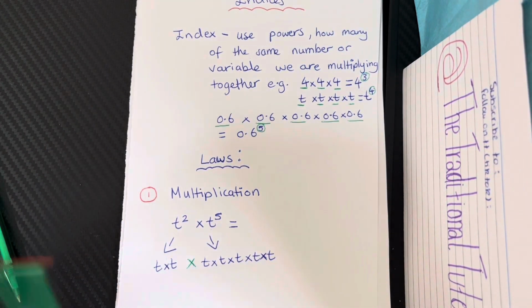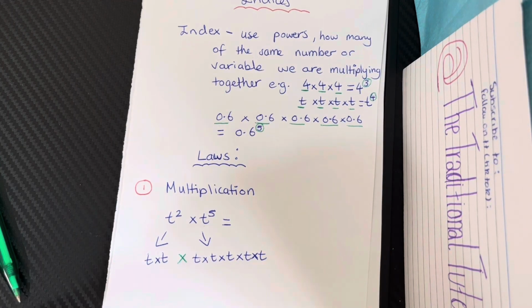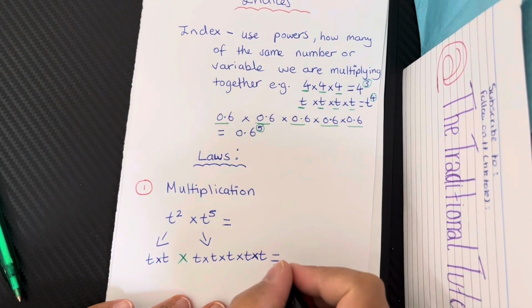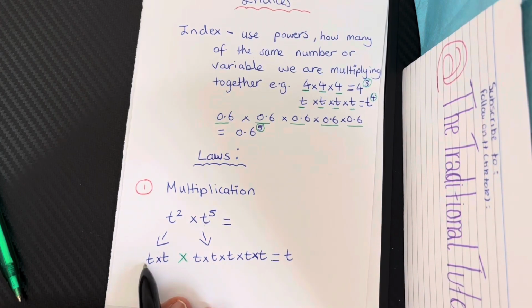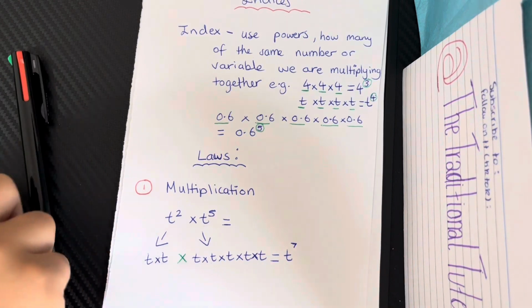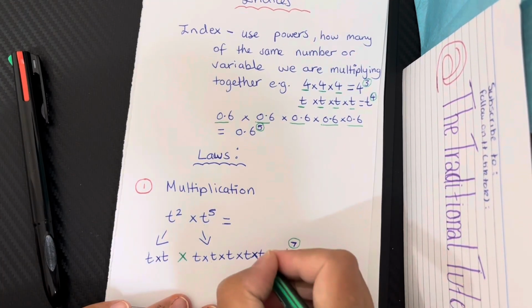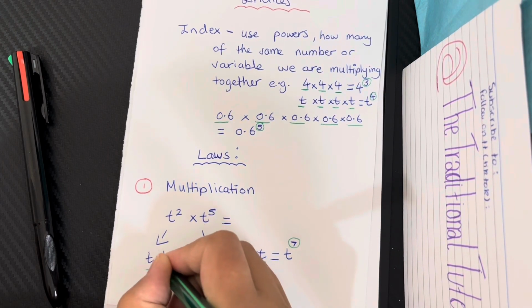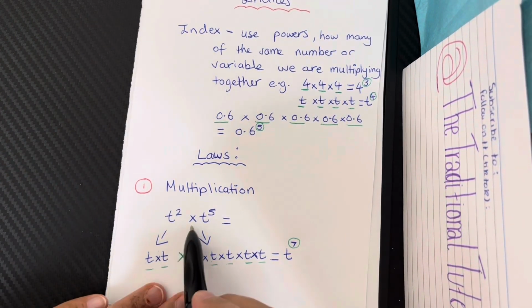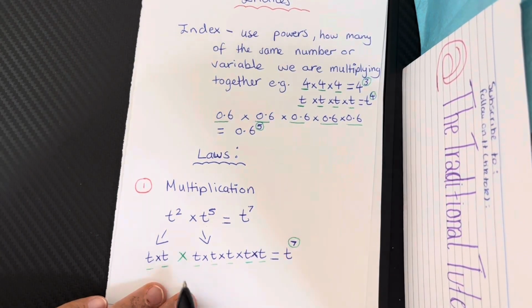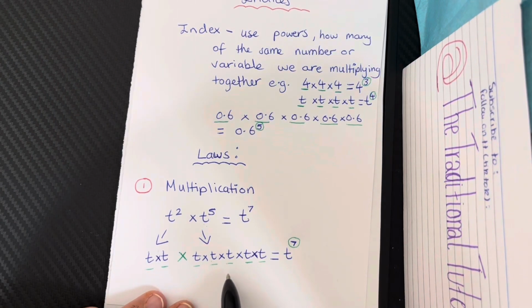Since these are all being multiplied together, we can just count how many of these we've got, just using basic laws of algebra. So we've got t to the power 1, 2, 3, 4, 5, 6, 7. So it's t to the power of 7. That's where this power comes from. And therefore t squared times by t to the power 5 is also going to be t to the power of 7, due to this explanation.